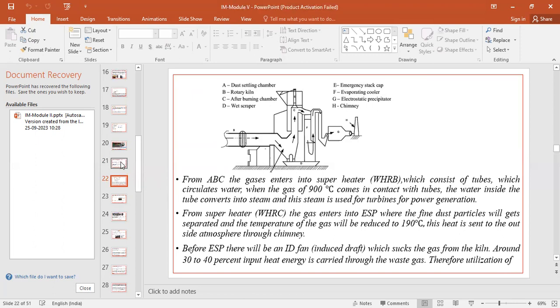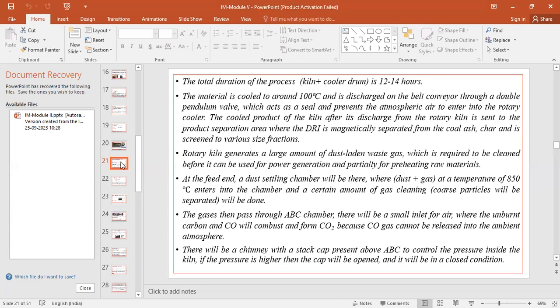So whatever gases are clean in the settling chamber will pass into the ABC, that is the after burning chamber, where a small amount of... because these gases will consist of CO and CO2.